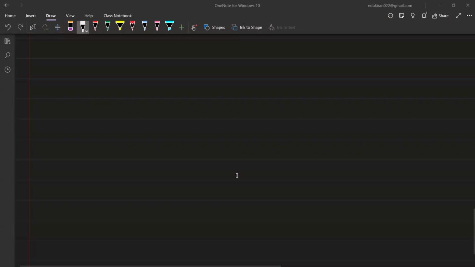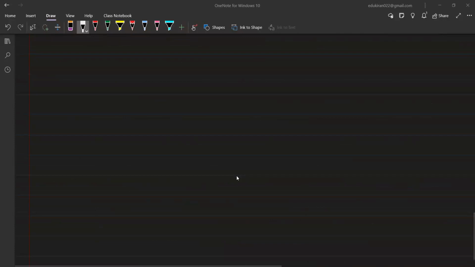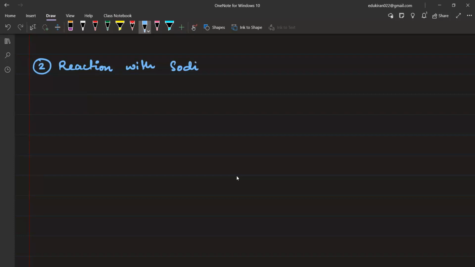Right, next, reaction with sodium. In reaction with sodium, we are going to look at three reactions. First, we will look at Wurtz reaction. Second, we will look at Fittig reaction.